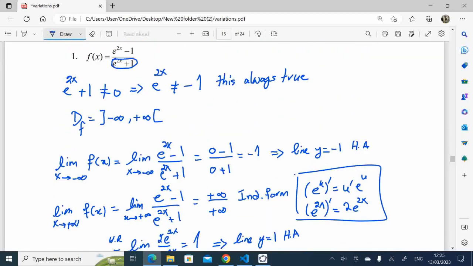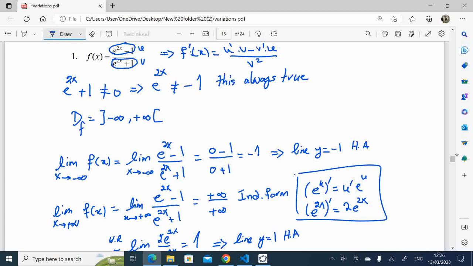So this is u and this is v. So f prime in this case will be u prime times v minus v prime times u over v squared.